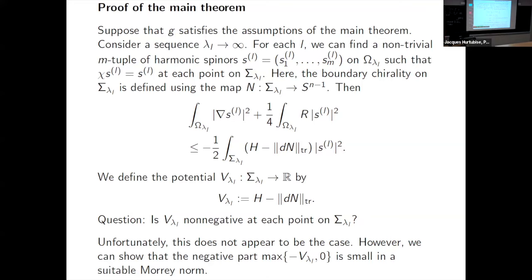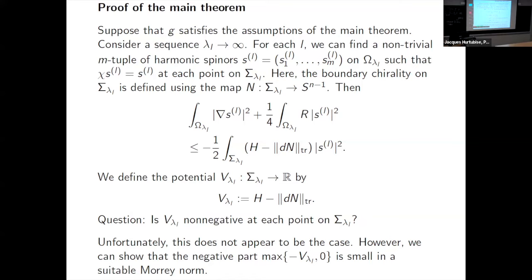And then for each L, I can solve the PDE where the boundary condition is given in terms of the chirality that's given by this map N. Okay, so then I get a solution, and then I can plug it into the integral formula, and I get an inequality of this type, where on the left I have the L2 norm of the covariant derivative of S plus the scalar curvature term, and on the right I have this boundary term having to do with the mean curvature and the norm of dN.